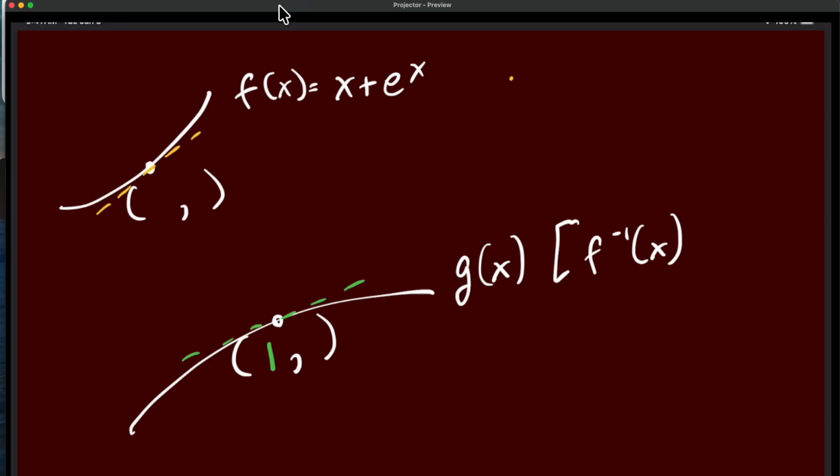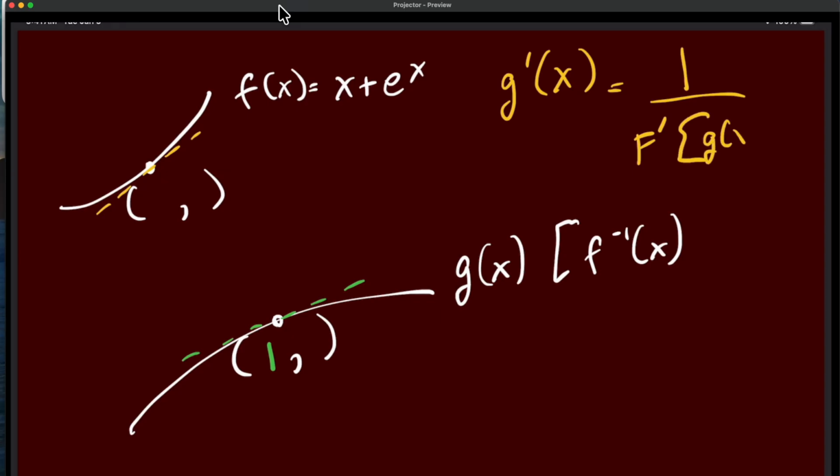You will see that the derivative at a point x on the g graph equals 1 over f prime of g of x. G of x, folks, is right there. That's the output when you plug in 1 into the g function.